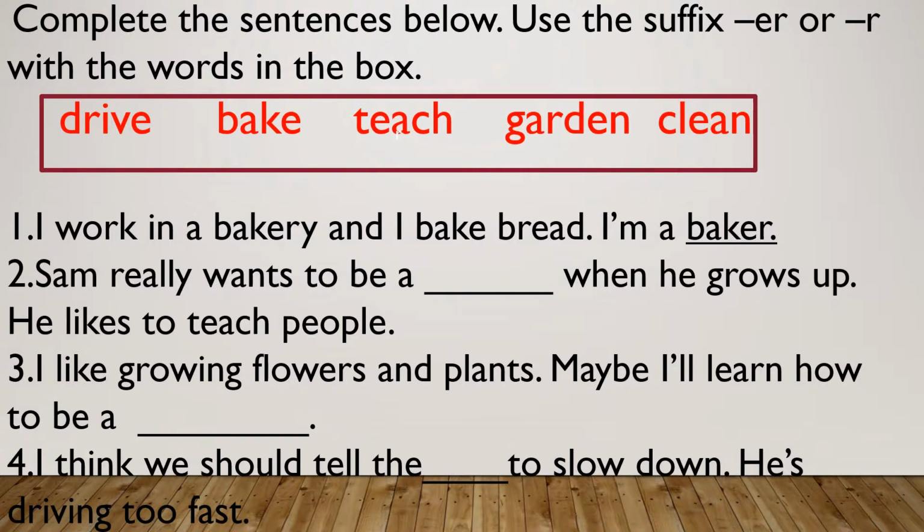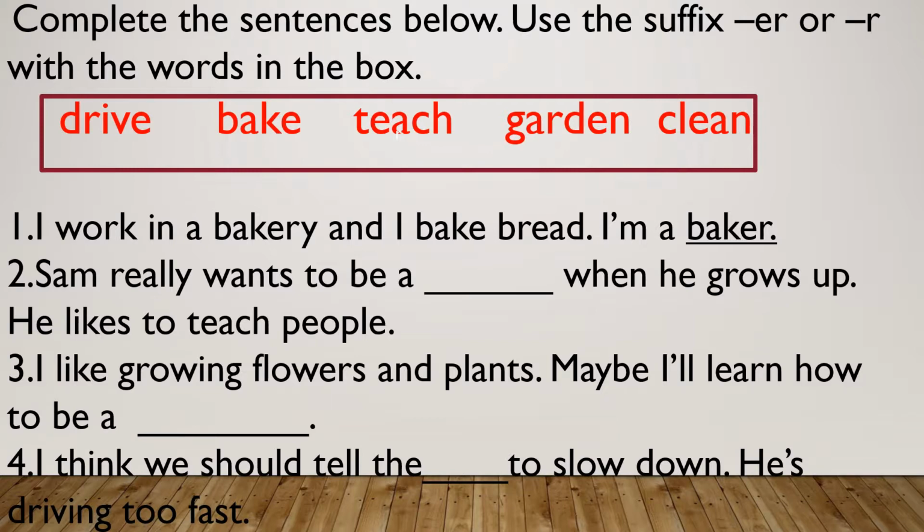So here you have to use er or r with the given words in the box. The first one I have done for you, children. I work in a bakery and I bake bread. So who am I, children?